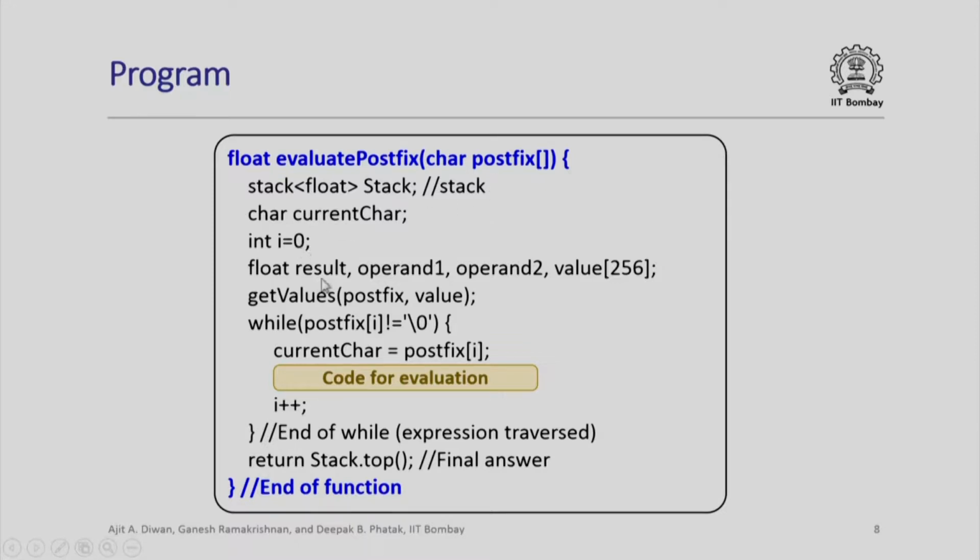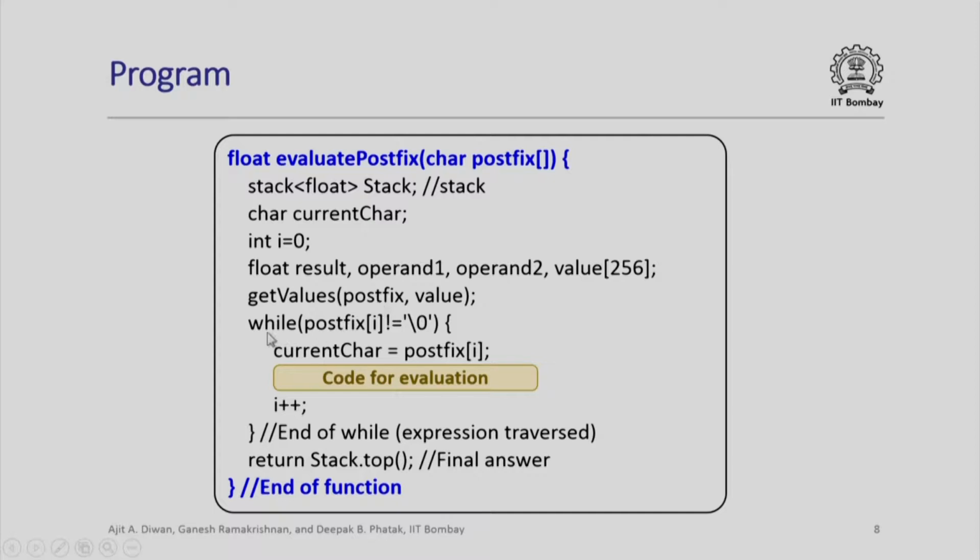We of course will require result, operand 1, operand 2, and remember the array of values of size 256 is the array, but it will contain some elements with appropriate values corresponding to the operands that we have encountered in the postfix array. Please remember, before coming here, we would have already collected the values in this array by get values, giving the postfix string and the value array.